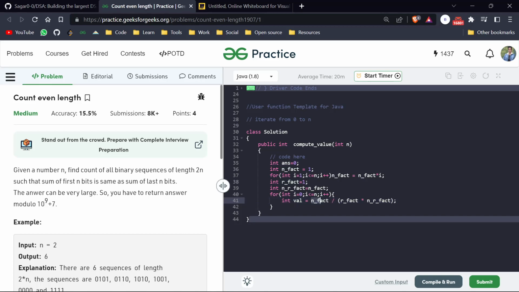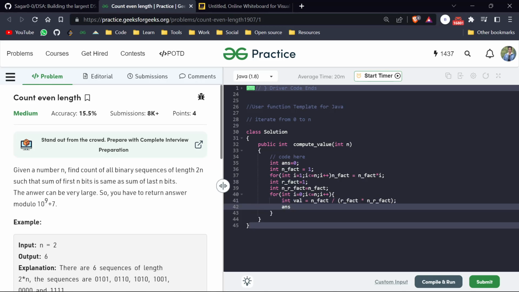So I hope now you got this, how we are calculating nCr. And we have to add this value to our answer. So answer plus equal to our value.